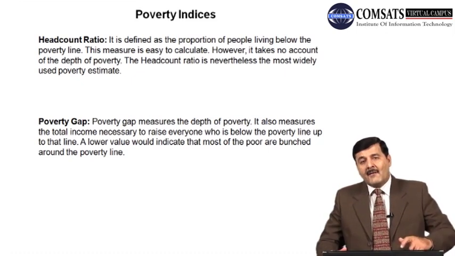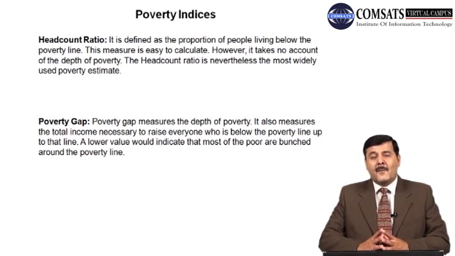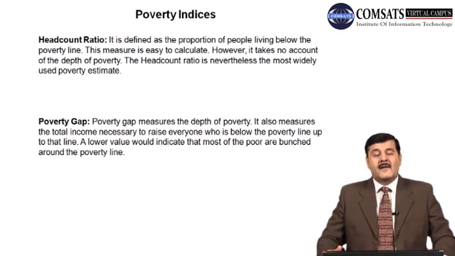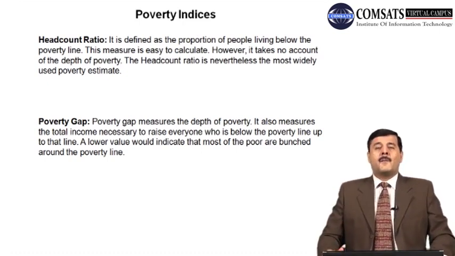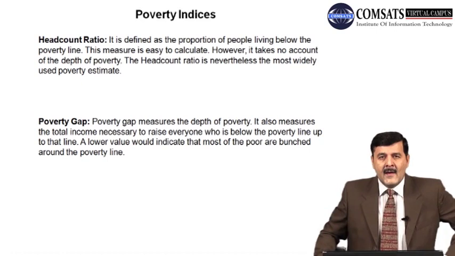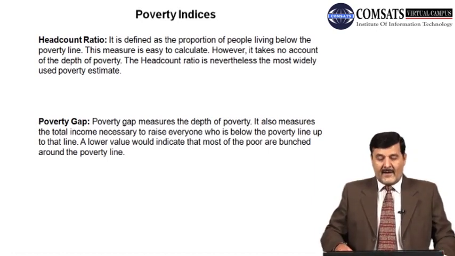The poverty gap tells us how many people are below the poverty line, and it also tells us the depth of the poverty, how serious the poverty is in the country or in the economy, right? It is the total income necessary to raise everyone who is below the poverty line up to that particular line. So when we have a lower value of the poverty gap, that indicates that most of the poor are bunched around the poverty line.